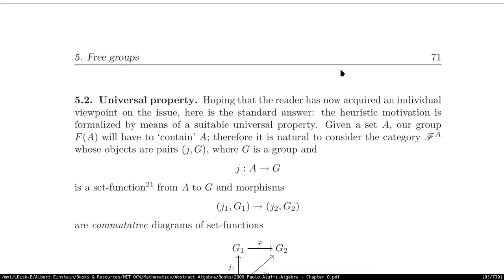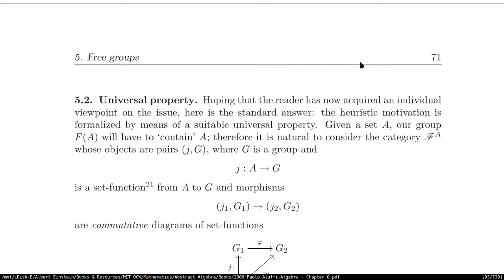So j is going to be not really a morphism, it's just a set function from A to G. j takes you from A to G. So it assigns you elements in G from elements in A.